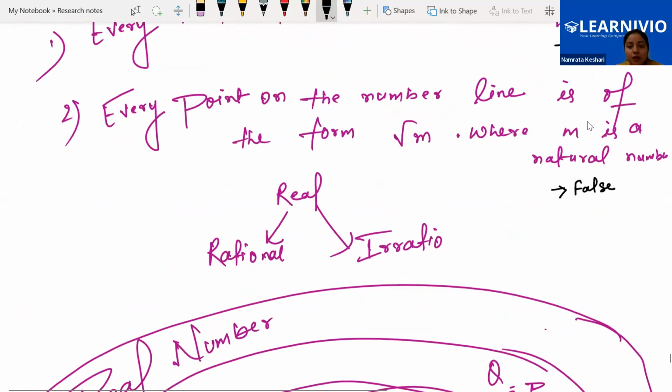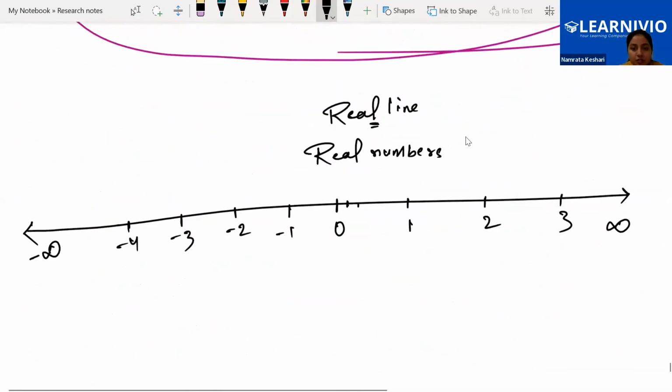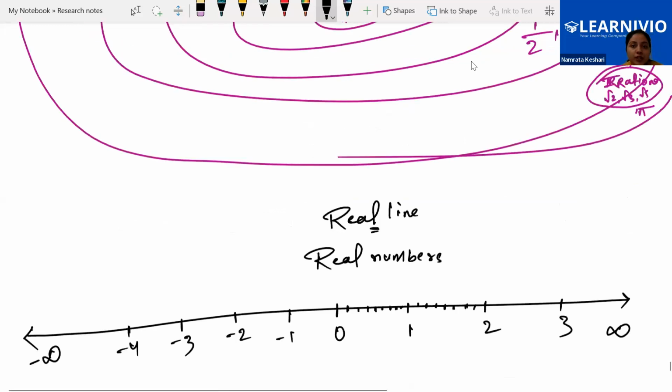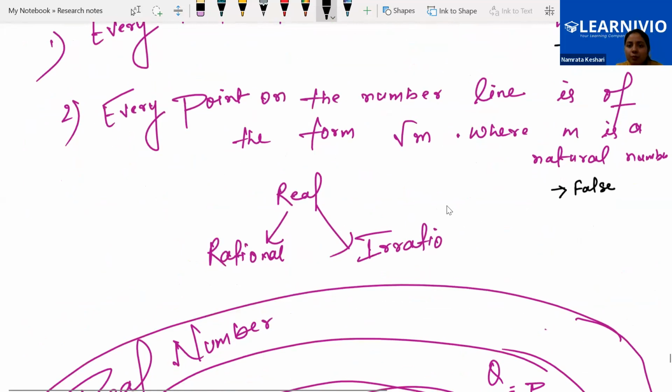every point on the number line. That means every point, in between there are infinite points. So it is saying every point, that means all the real numbers, is of the form root m, where m is a natural number.